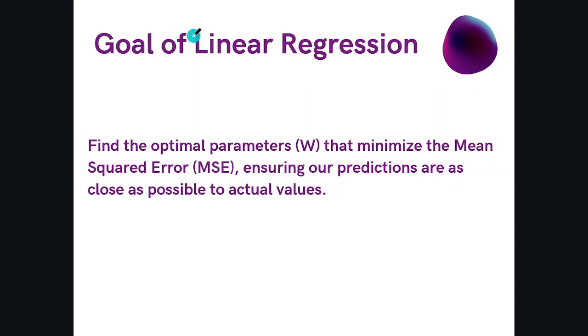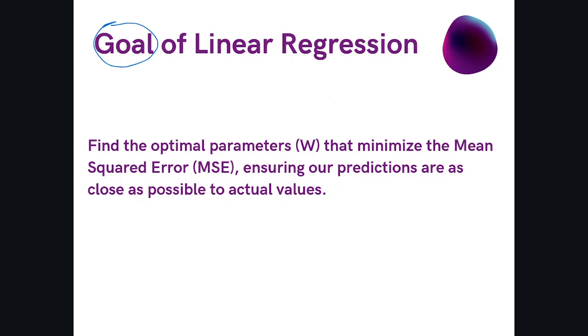Now, as we've discussed earlier, the goal of linear regression is basically to find the optimal parameters, and that too by minimizing the mean squared error, ensuring our predictions are as close as possible to the actual values. This is what we are going to do, right?